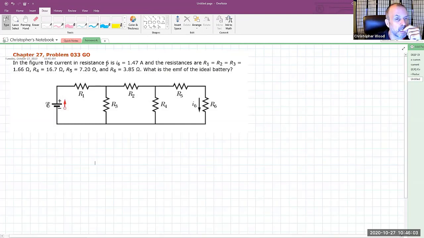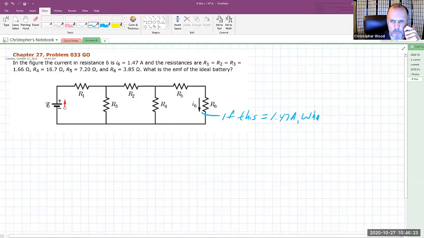This is basically saying, if the current going through R6 equals 1.47 amperes, what's the battery voltage? That's what this question is saying.